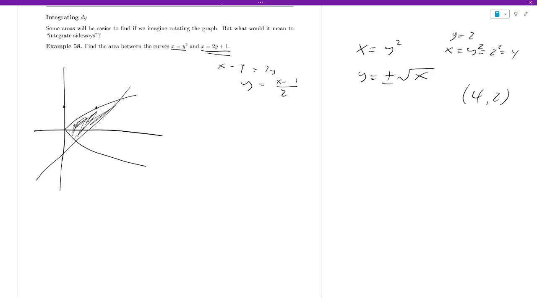So this satisfies the original equation. But if I do 4 comma negative 2, since negative 2 squared is also 4, this one also satisfies the original equation. They both do.